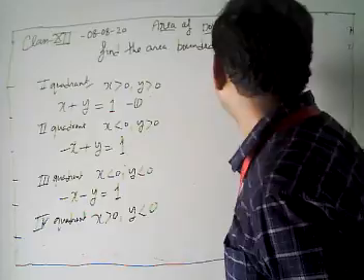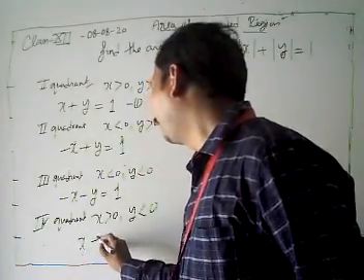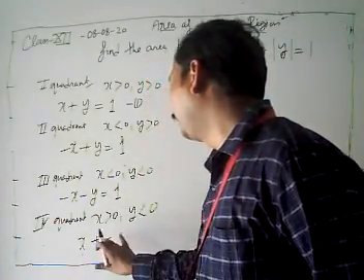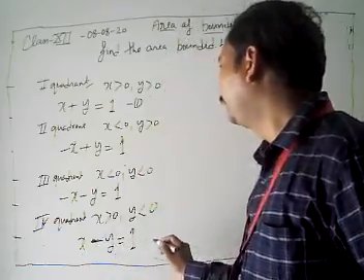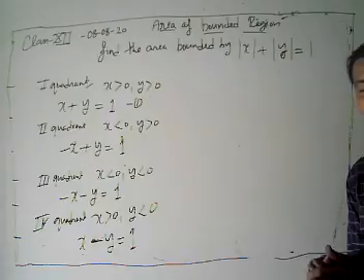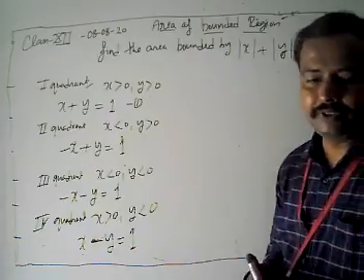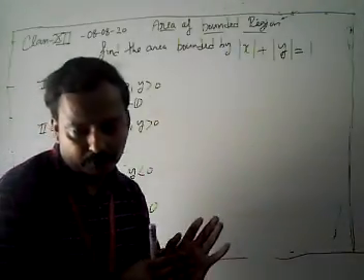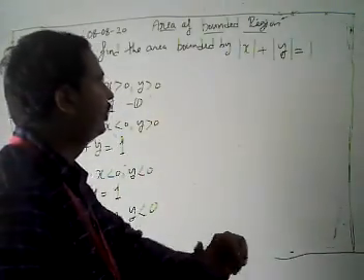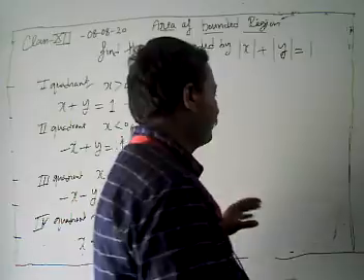Then mod x is x, mod y is minus y, so x minus y is equal to 1. Now look, first of all, we have redefined our equation mod x plus mod y equal to 1. After redefining, we have to plot the graph.